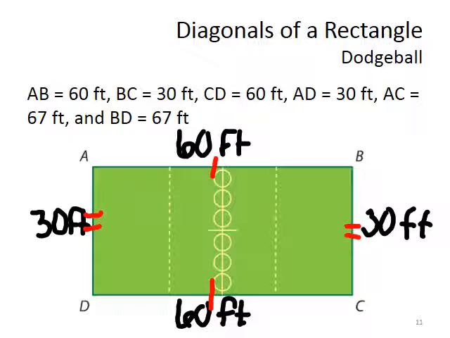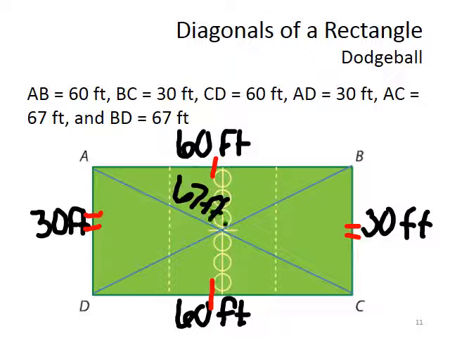That's where those diagonals come in. We draw those into the field. We know that both diagonals were 67 feet. So AC is 67 feet, and BD was 67 feet, which means the diagonals are congruent. One more set of congruent lines.